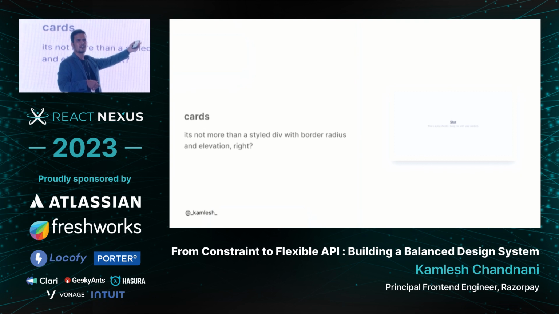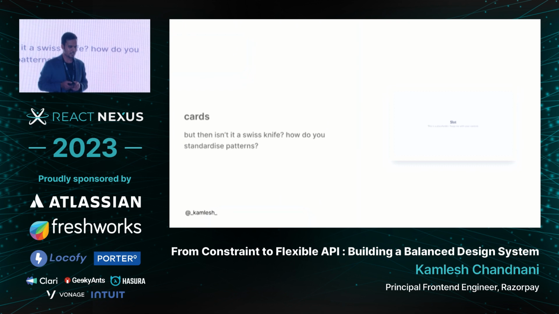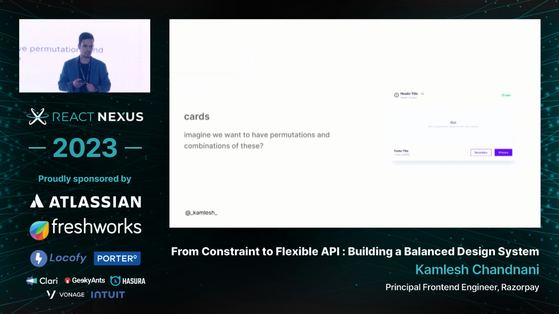Card, right? You might think that it's not more than a styled div with some properties assigned to it or a border radius, right? But then isn't that a Swiss knife? How would you dictate what patterns you want to support, correct? Now imagine we want to have permutations and combinations of these, right?